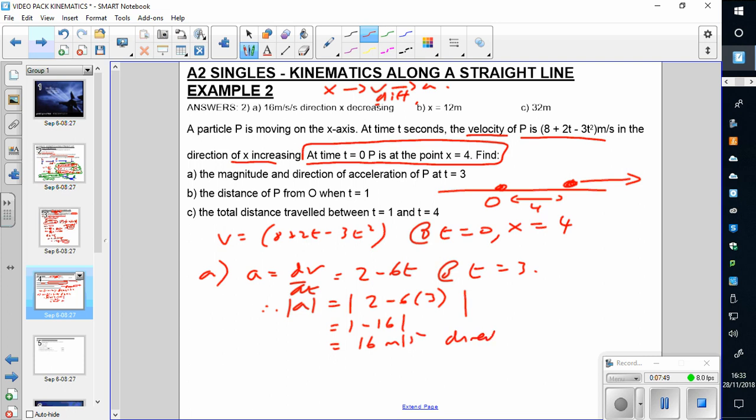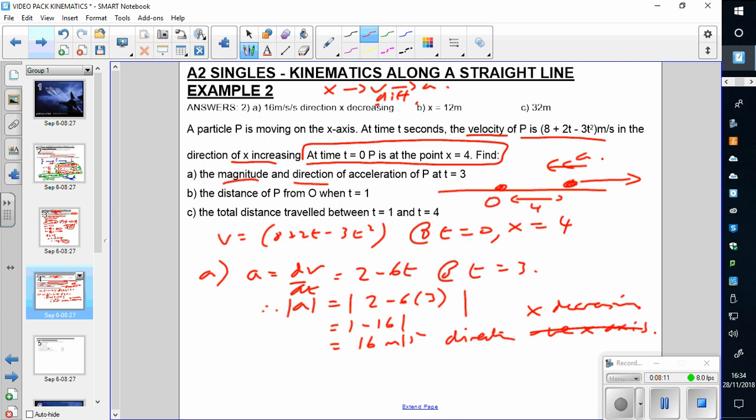And then quote your direction because it asks for magnitude and direction. So as it's negative inside the mod, it must be decelerating basically. So direction negative x-axis, okay, or x decreasing. X decreasing is probably a bit better.